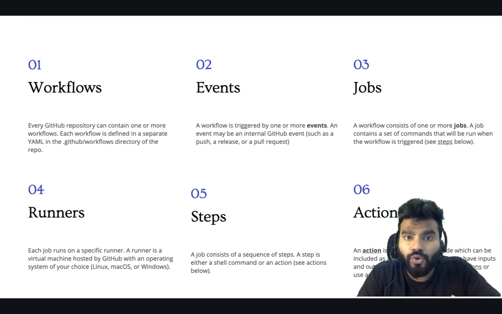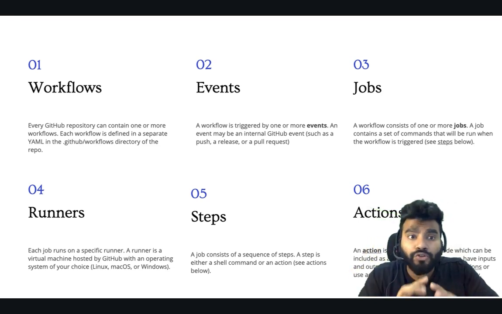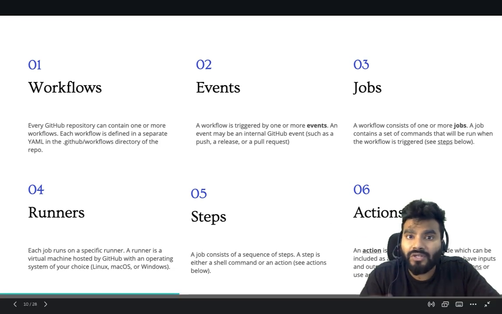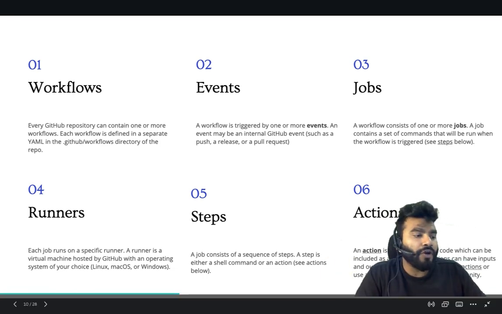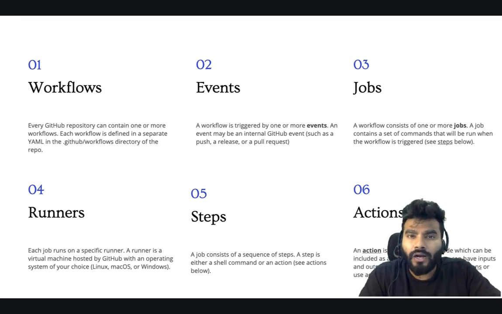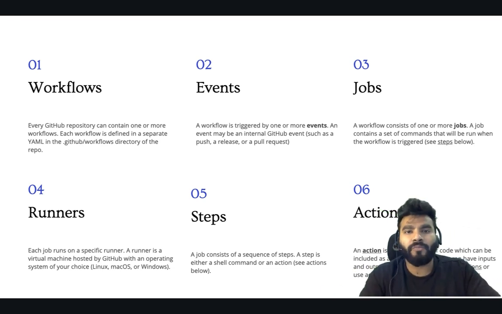Now these actions could be anything, could be login to Azure, could be login to AWS, could be creating an AKS cluster, could be copying a file, so you don't have to write any custom steps. You could simply use these actions and start using them for your project. So this is basically a module or a function which is already written by people, and we can start leveraging it. That's about it from GitHub Action.